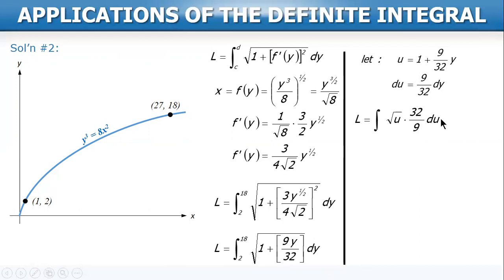And then integrate using the power rule. Square root of u is u raised to 1/2. Plus 1, 3/2 over 3/2, or simply 2/3. And then combine, you have 64 over 27 u raised to 3/2. The u is this one.